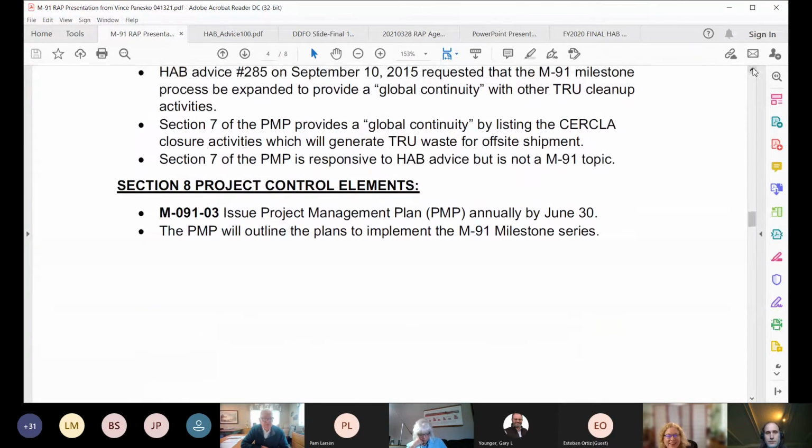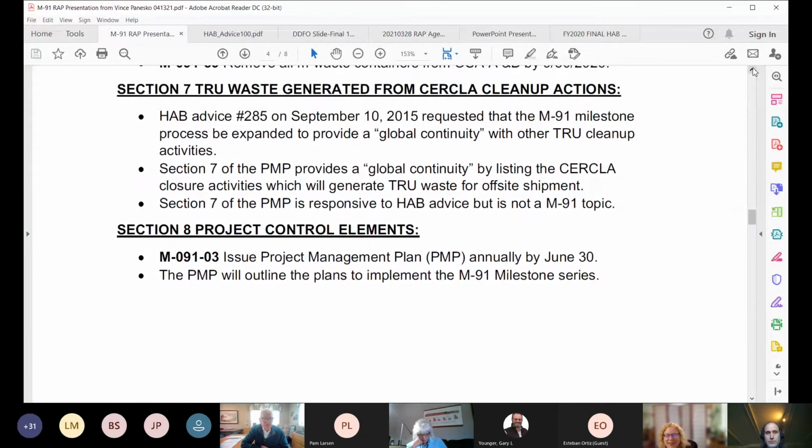Sorry. Section 7 is important because one of our milestones, in fact the most recent one, 2015, was concerned about what we call global continuity from the HAB device.